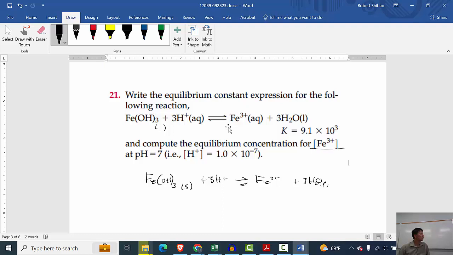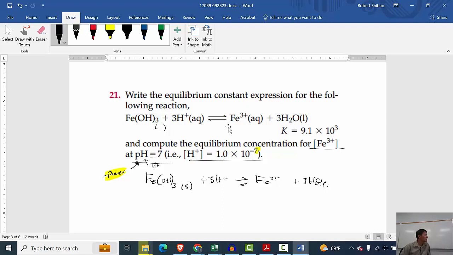Compute the equilibrium concentration of iron 3 plus at pH 7, i.e., H plus equals... Are you familiar with power functions? This is the power of the H plus concentration, and the power is just the exponent here, 7. It's actually the negative power, because the pH is 7.